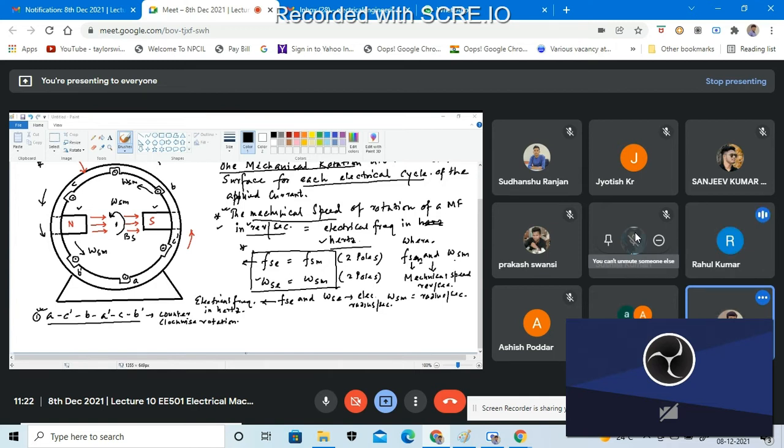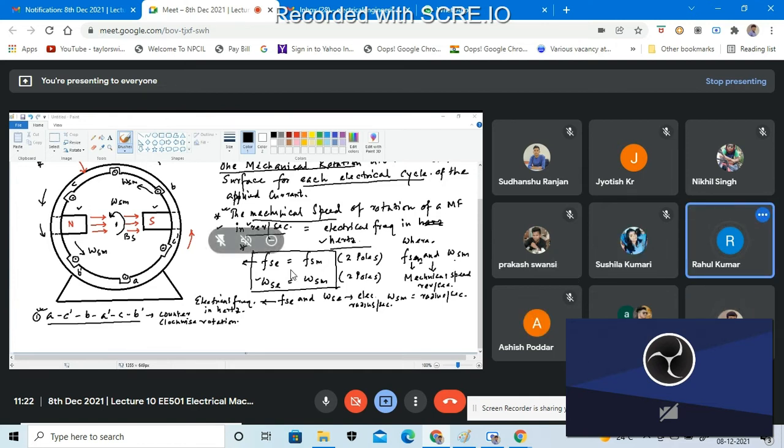I think, sir, it affects the pole. Yes Rahul, you speak first. Sir, it's affecting the pole. How? It's getting changed, sir. Okay.